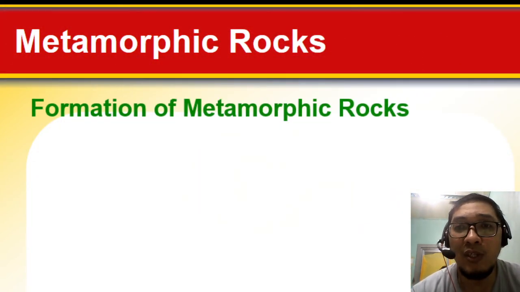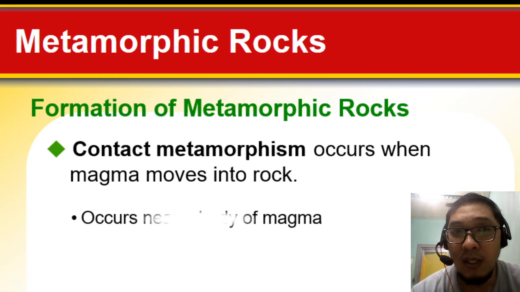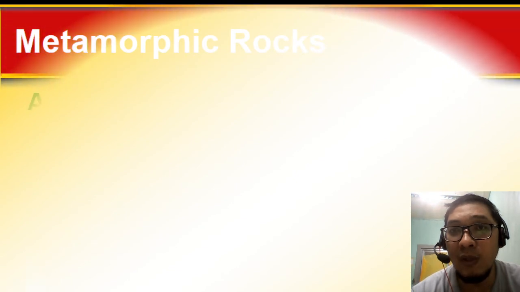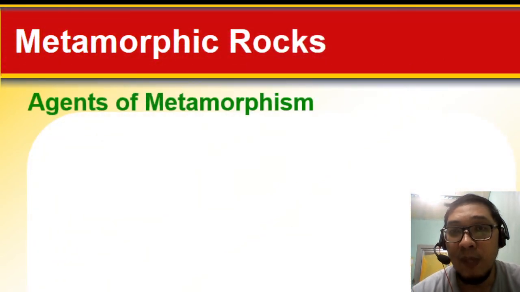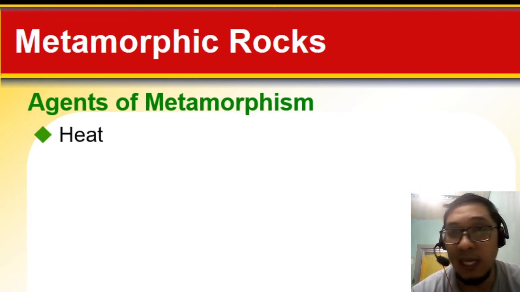The formation of metamorphic rocks could be contact, which occurs when magma moves into rock, and it changes by temperature rise when it's near the magma, or it could be non-contact, which we discuss a little bit later.